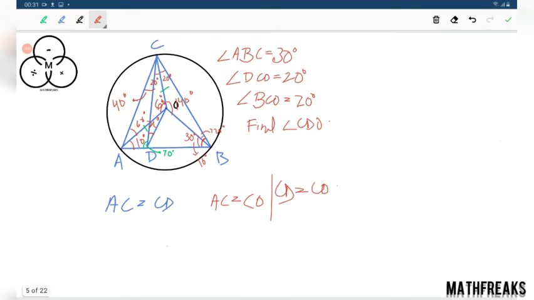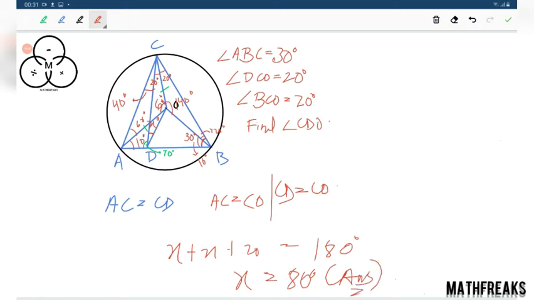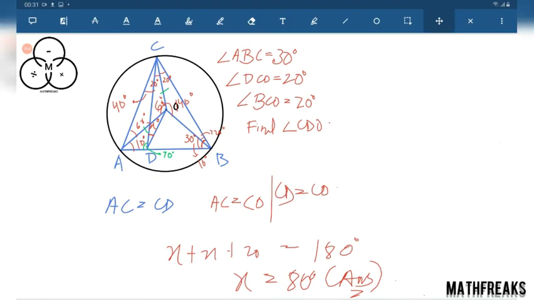Now we simply apply x plus x plus 20 equals 180 degrees. Twice x equals 160, so x is 80 degrees. This will be our answer. This was a good angle chasing question.